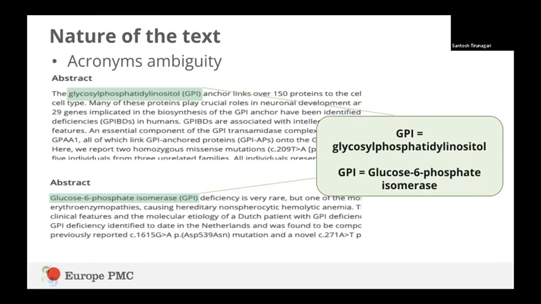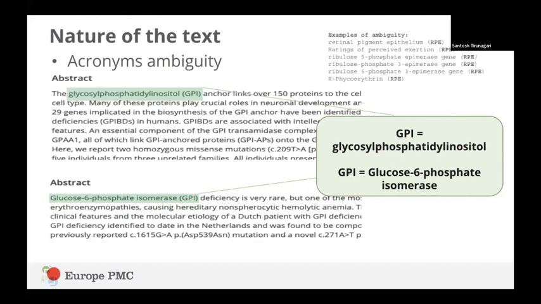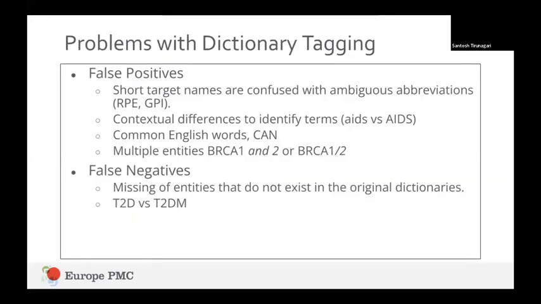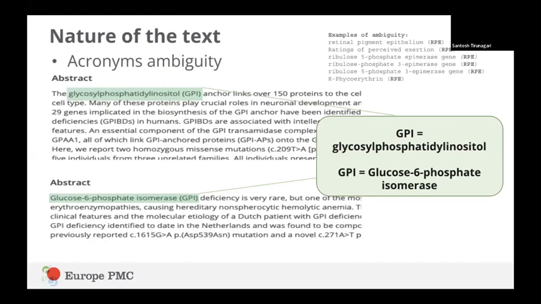And acronym ambiguity. GPI in one instance could be a chemical. In another instance, it could be a gene protein. And for example, RP could be retinitis pigmentosa, a disease, or in another case, it could be a variant of the gene protein ribulose 5-phosphate epimerase gene.